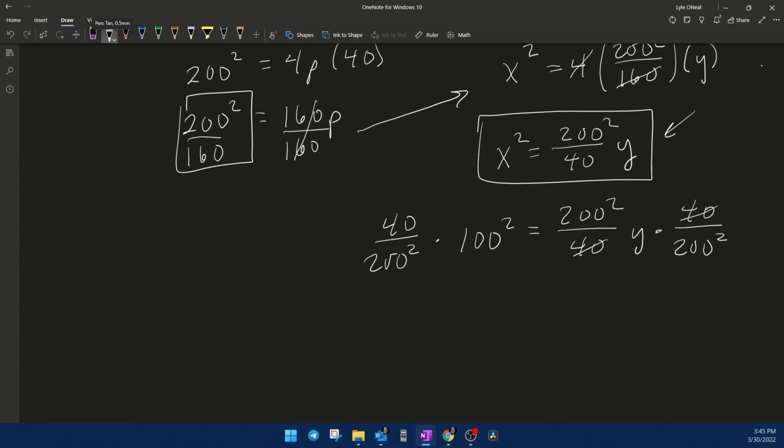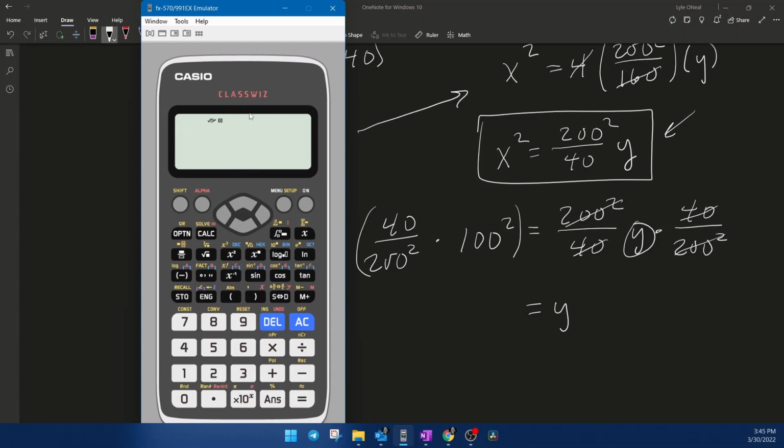So the 40s and the 200 squareds cancel, leaving the y by itself. And then I simply need to do this multiplication. And this is a good opportunity to bring in the class whiz. So we're going to start with our fraction, 40 over 200 squared, times 100 squared is 10.